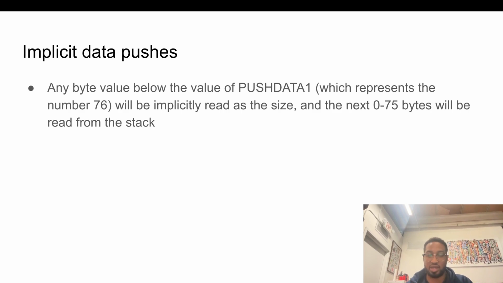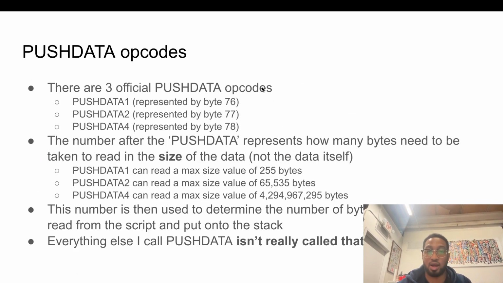So implicit data pushes. Any byte value below the value of push data 1, which represents the number 76, will be implicitly read as a size, and the next 0 to 75 bytes will be read onto the stack. So push data 1 is its opcode by itself. Whenever you see a push data, it means there's a size coming next. After you read the size of the data, then you actually read the data that is part of the script or script sig onto the stack.